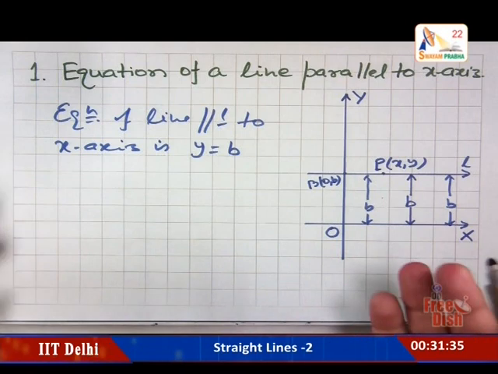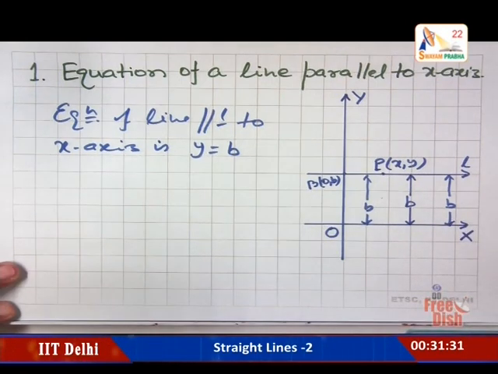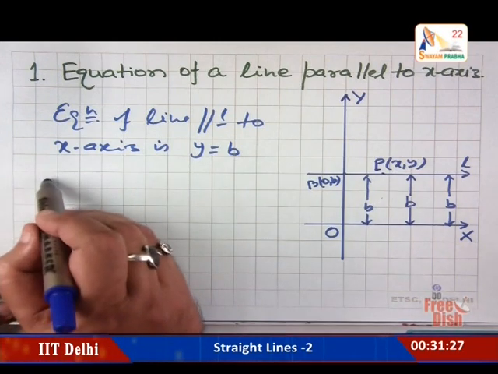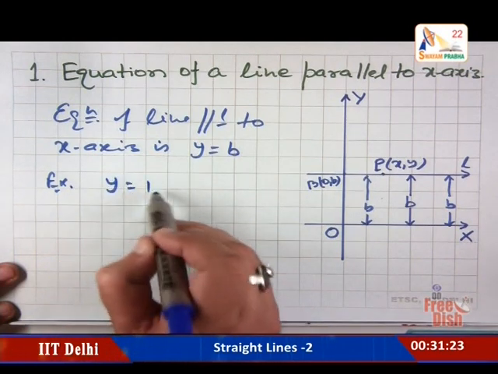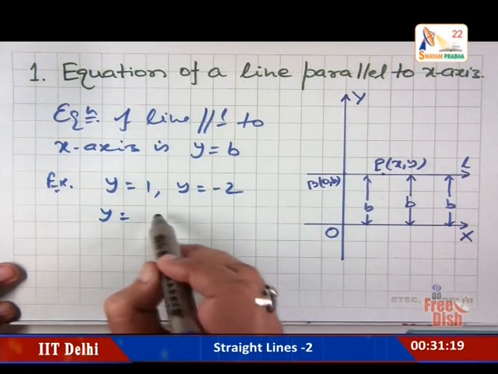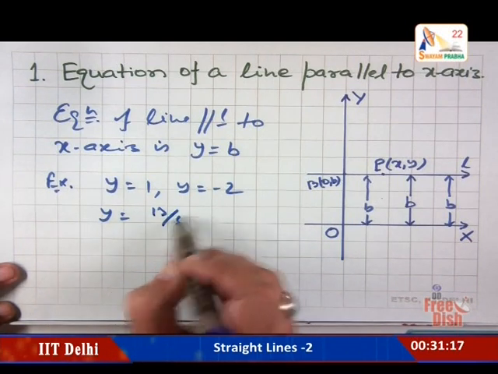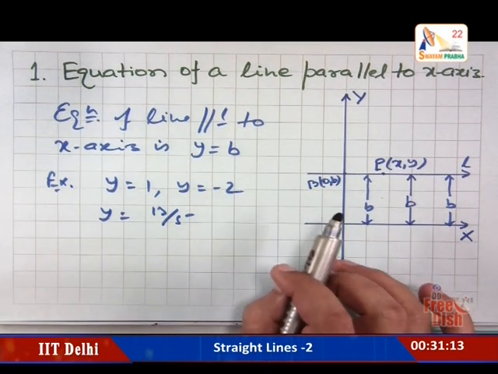Whatever the value of y is, here we take the value of y as b, it may be a, it may be 2, 3, 4, minus 2, etc. We can take examples: y is equal to 1, y is equal to, say, minus 2, y is equal to, say, 13 by 5. All these are equations of lines parallel to the x-axis.